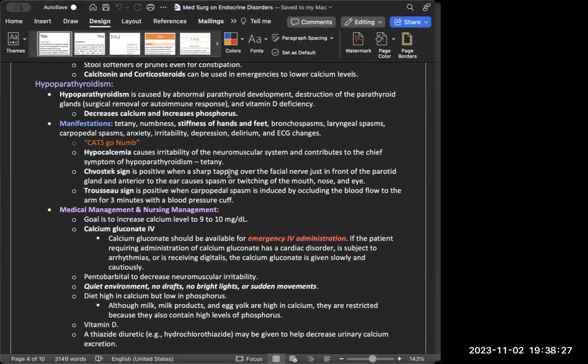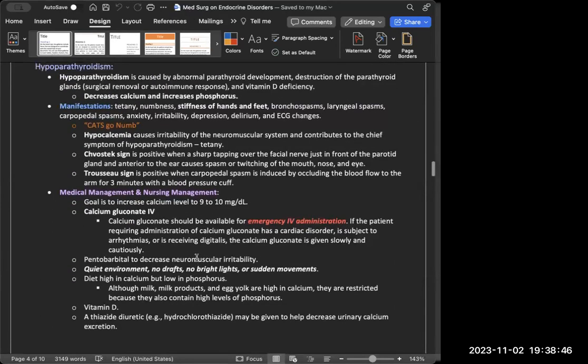Hypoparathyroidism, like I said, has symptoms of hypocalcemia, and hypocalcemia has the same symptoms as hyperphosphatemia. So I don't have to repeat the manifestations because it's the same thing. So if you know that, you already know what that disease is, what it does, and how to treat it. So with all of these, like I said, with hypo, we're talking about low calcium levels, high phosphorus. So we're going to reduce phosphorus intake, which is actually in beans and milk.